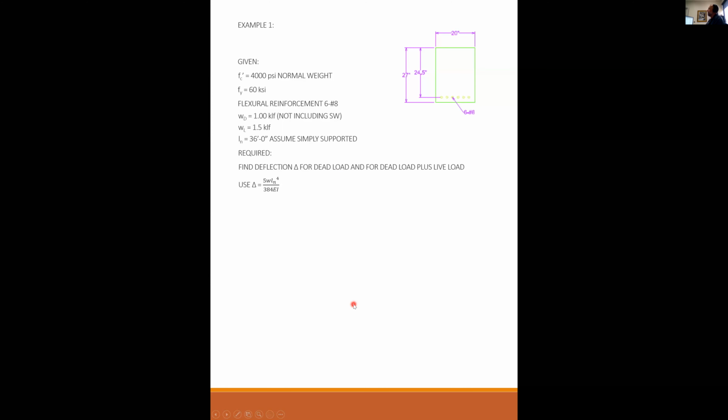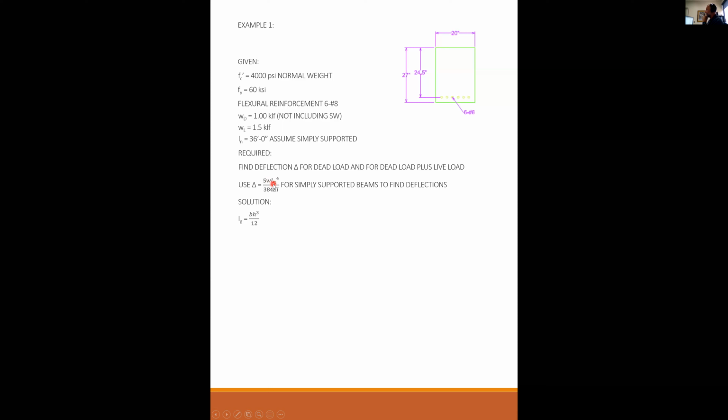Because this beam is simply supported, we're going to use the equation for deflection of a simply supported beam, which is 5 WL to the 4th over 384 EI. Okay, our solution. In order to calculate the deflection, I need to know what the modulus E is, and what I is, the moment of inertia.